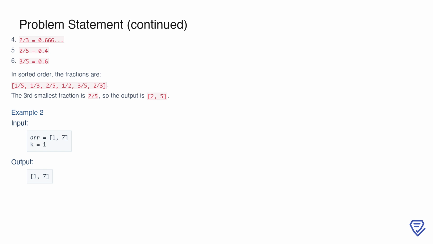Sorting these fractions by their values gives the order 1/5, 1/3, 2/5, 1/2, 3/5, and 2/3. In this sorted list, the third smallest fraction is 2/5, which corresponds to the output 2, 5. This demonstrates how we identify the desired fraction after sorting.